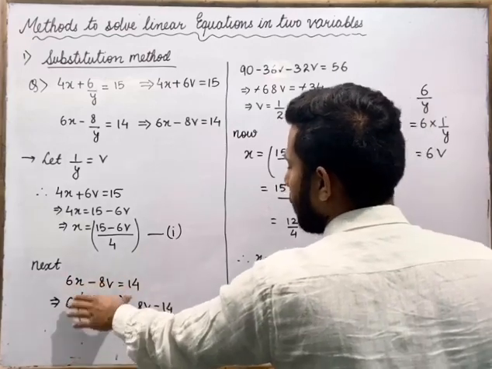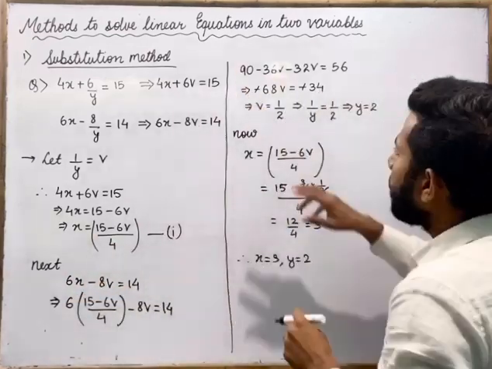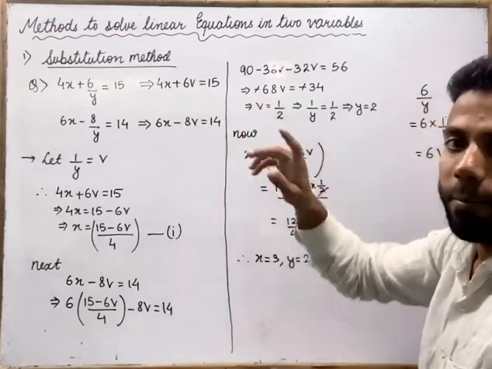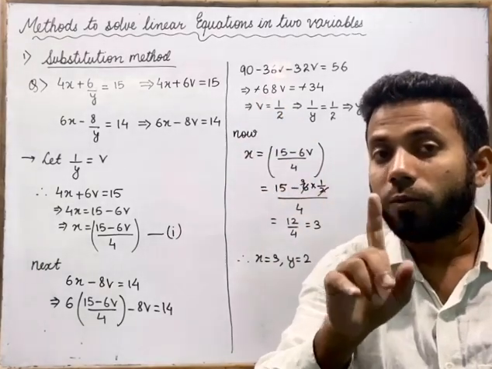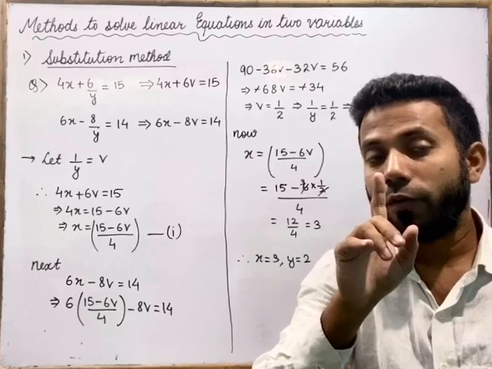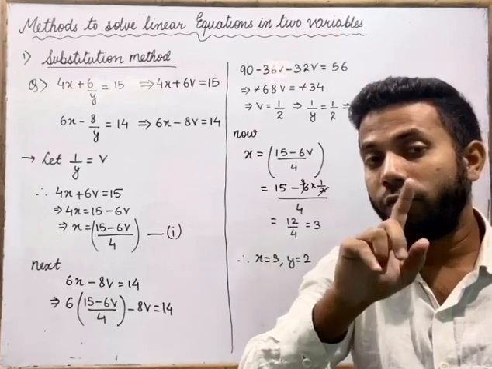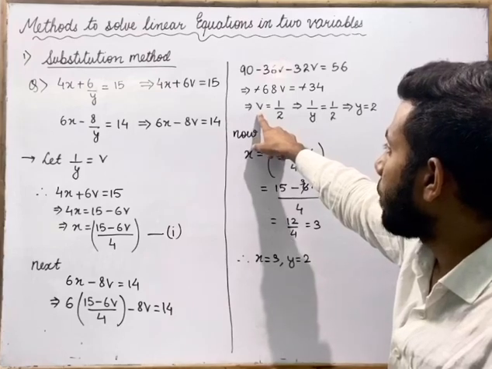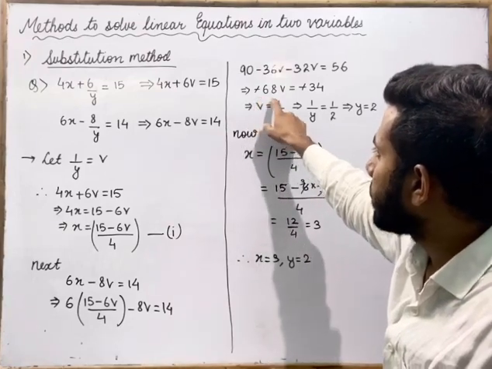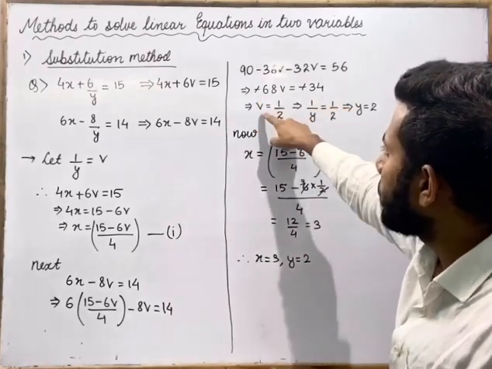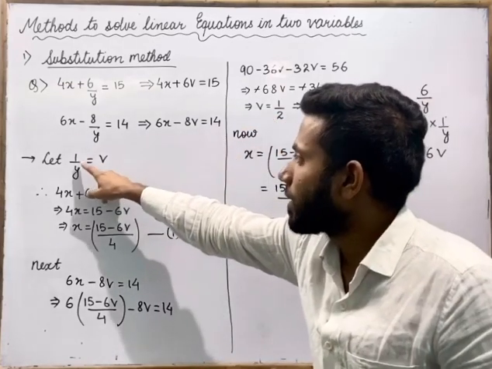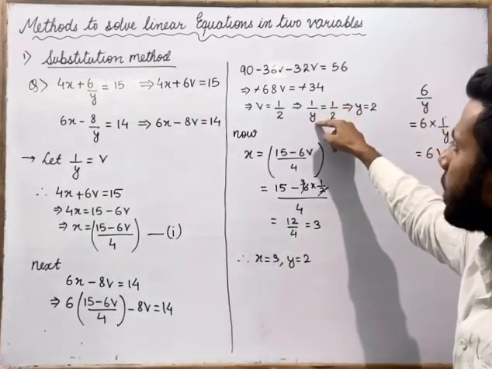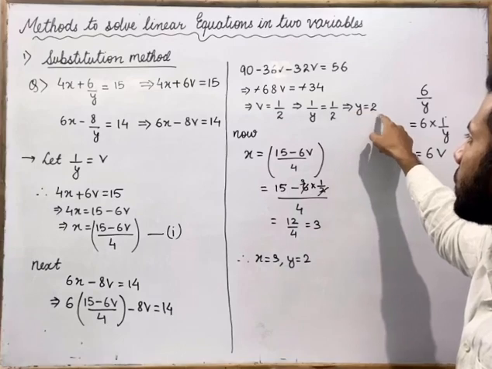We have put the value of x and solved it. We get v equals 1 by 2. But remember, your question was to find the value of x and y, not the value of x and v. Since we have got v equals 1 by 2, what is the value of v? v we have taken as 1 by y. So 1 by y equals 1 by 2, y equals 2.